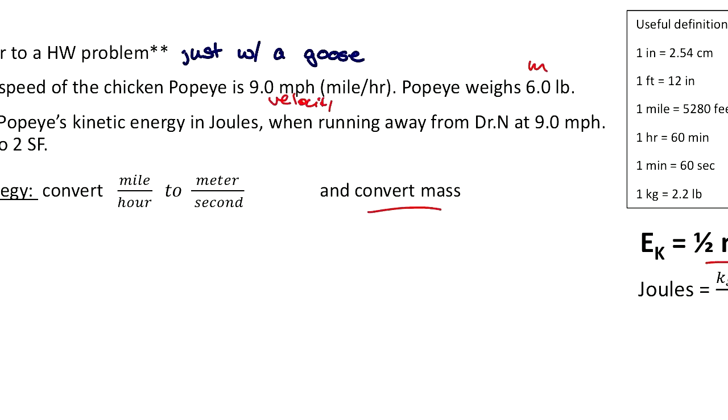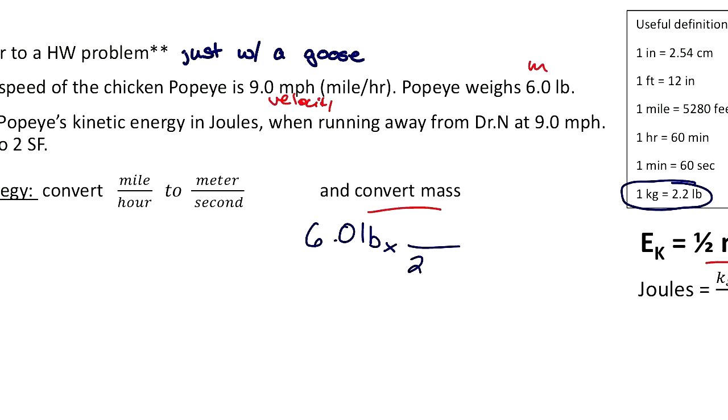So let's convert her 6 pounds into what unit do we want to convert that to? Kilograms, yeah. Although I didn't say it in the question, it's because we are using that kinetic energy equation, which requires those units. We want to convert that pounds into kilograms. So I have some useful definitions for you here. We're going to use this one. So where am I going to put the 2.2? Top or bottom?